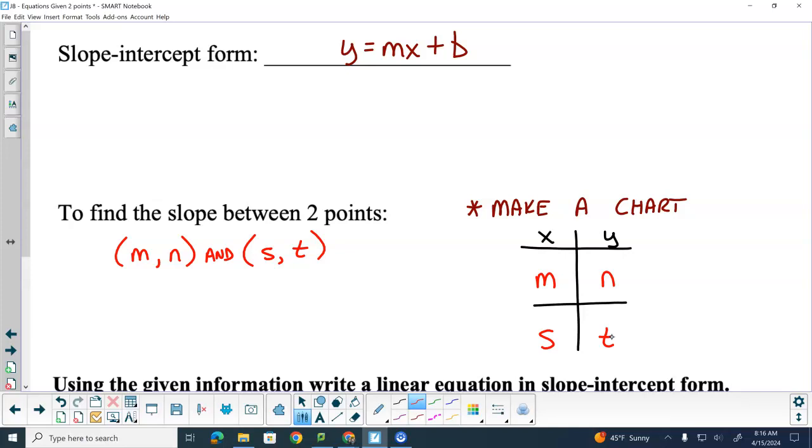Then what do we do with them? Remember what we called it when we found the stuff in the chart? We did something here, we did something there, and we did something here. Remember what we called that? The rate of change. What do we call the rate of change? If it was a symbol, a letter, and then over a symbol and a letter.